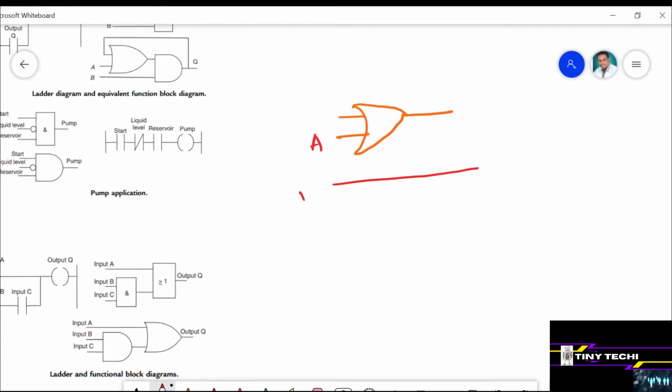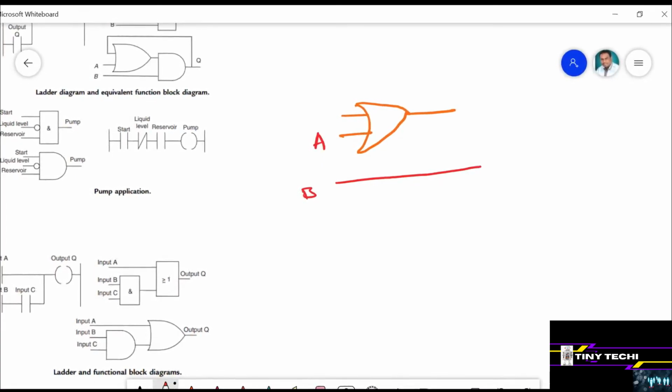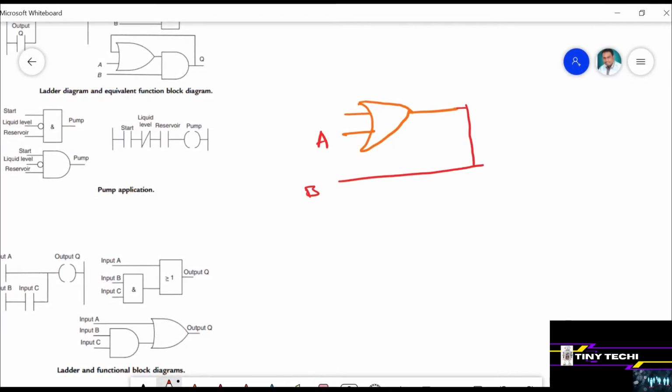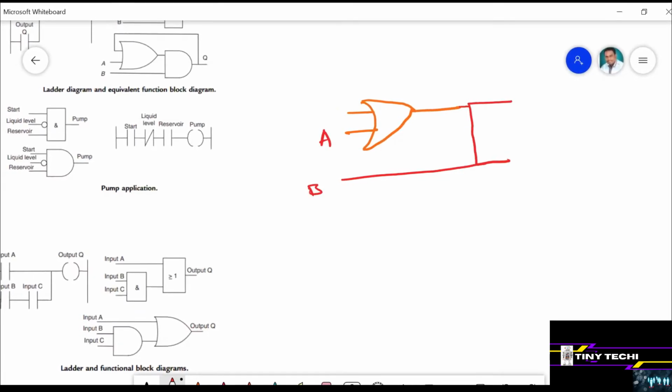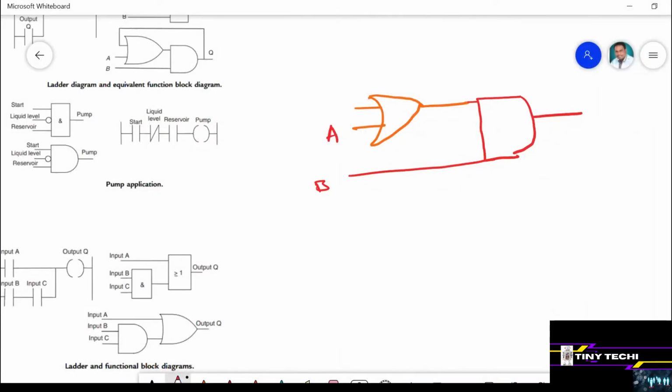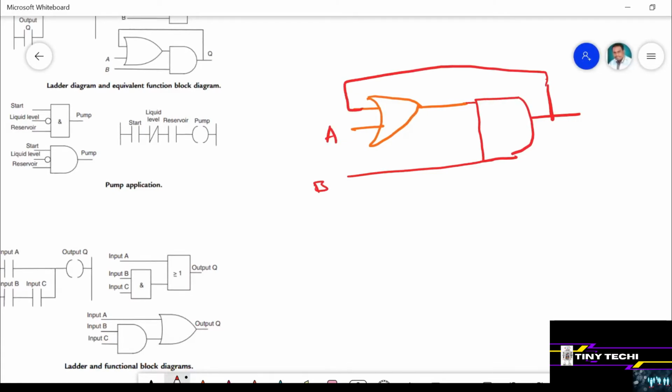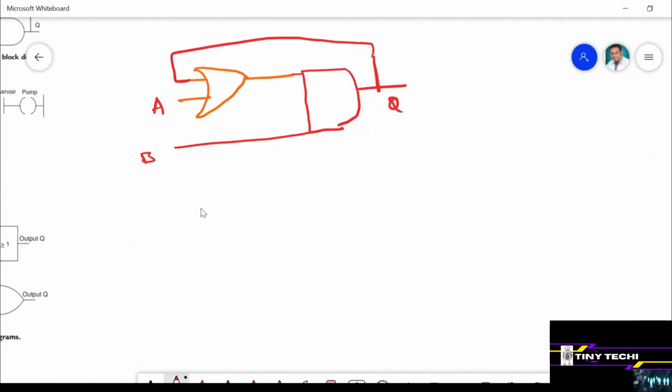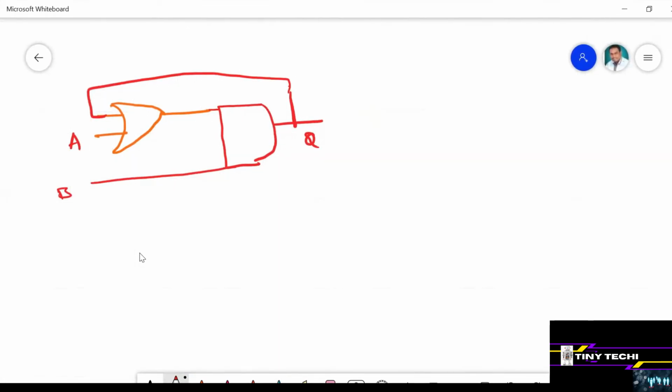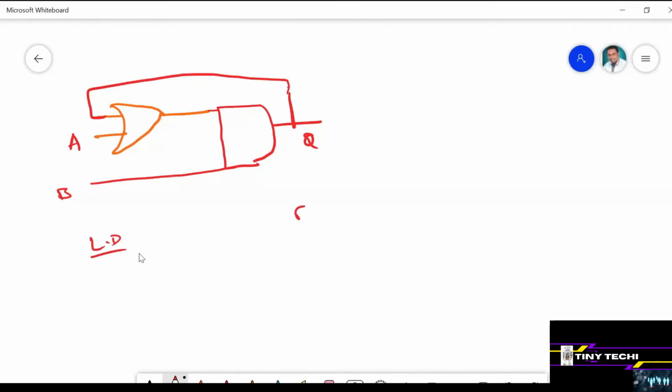The output of the OR gate is given as the input to B, which is the AND gate. The output of the AND gate is given as an input to the OR gate. Can you please try to implement this for the ladder diagram as well as FBD.